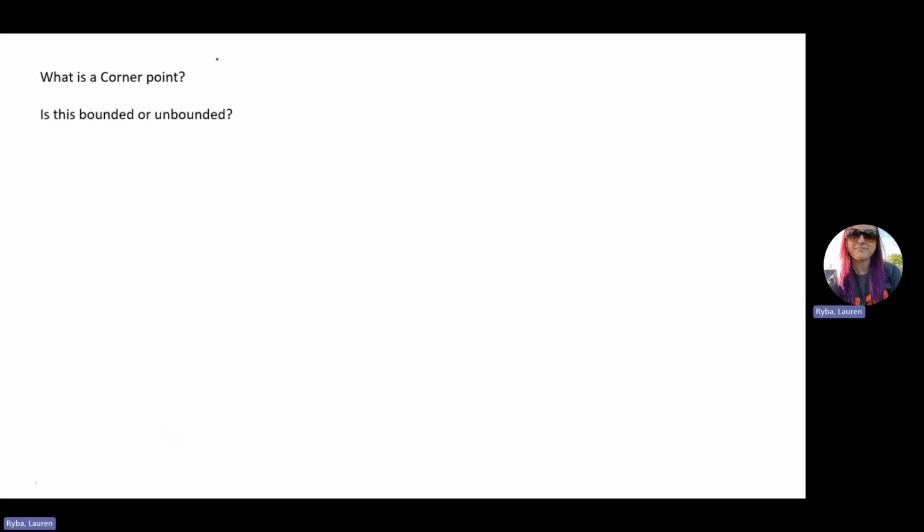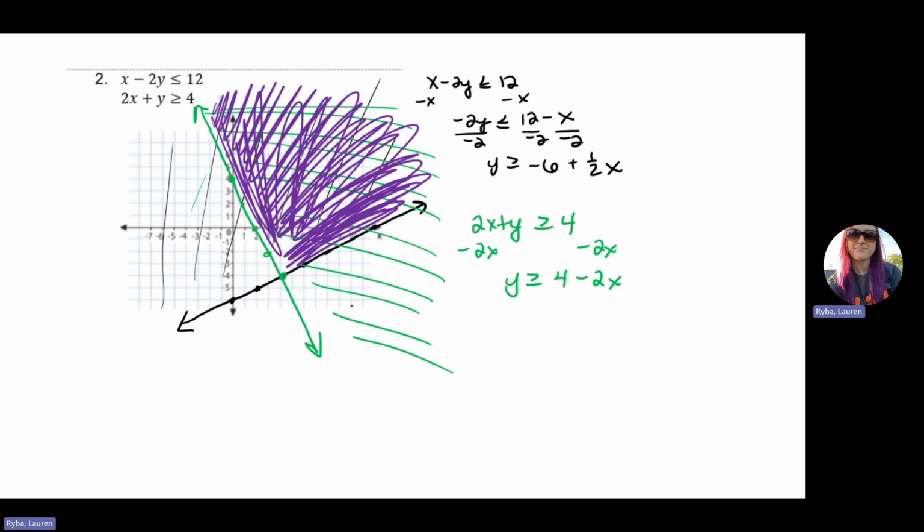So a corner point is going to be the intersection of two boundary lines. So this is why I specifically stated back here, you want to do as many points until the two lines intersect, because this is a corner point.